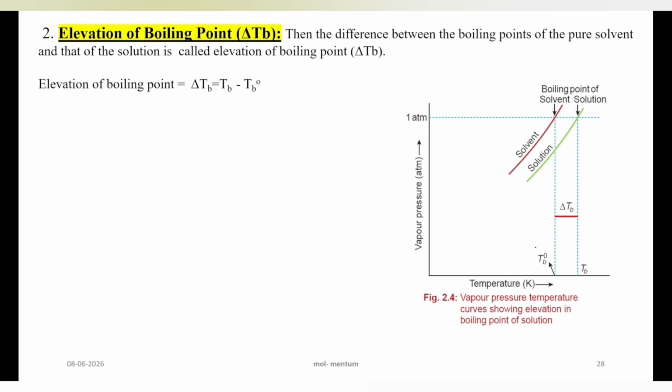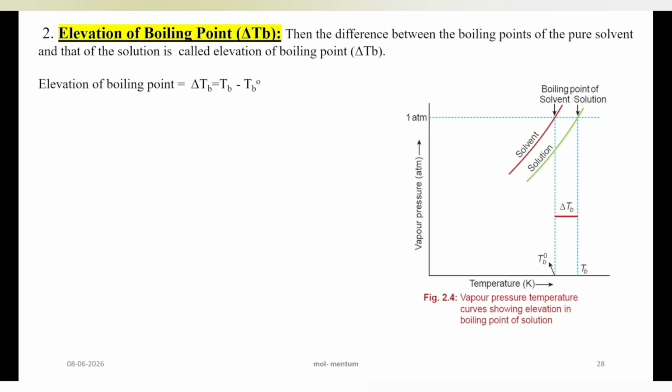The second colligative property is the relative elevation in boiling point. In elevation in boiling point, the first thing is to understand this graph. Very first thing we should know is the definition of boiling point. The boiling point of a liquid is the temperature at which the vapor pressure of the liquid becomes equal to the atmospheric pressure.